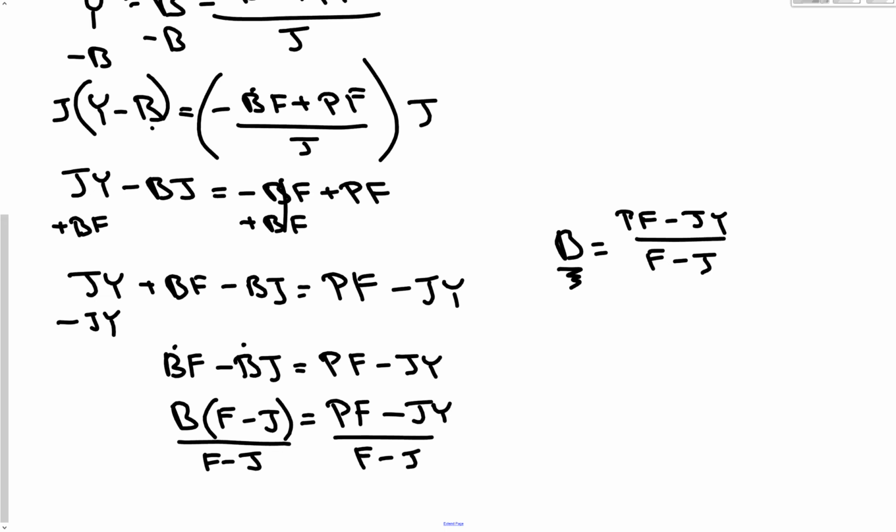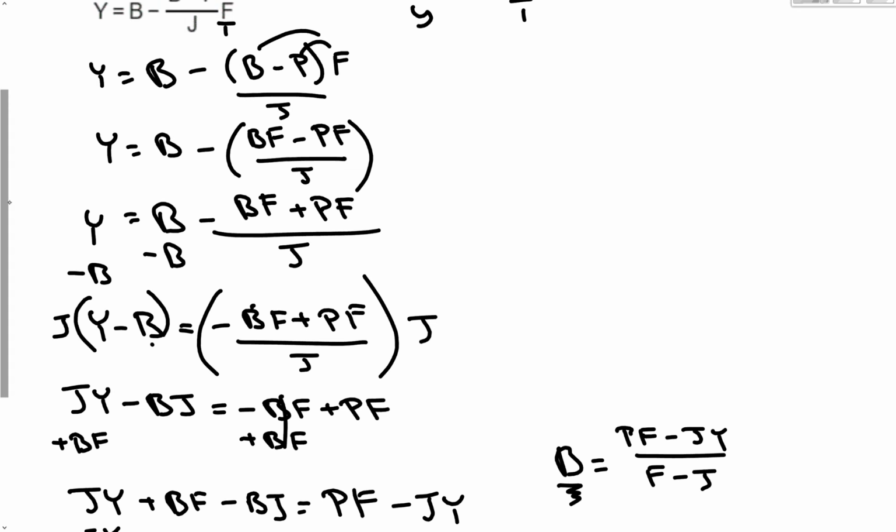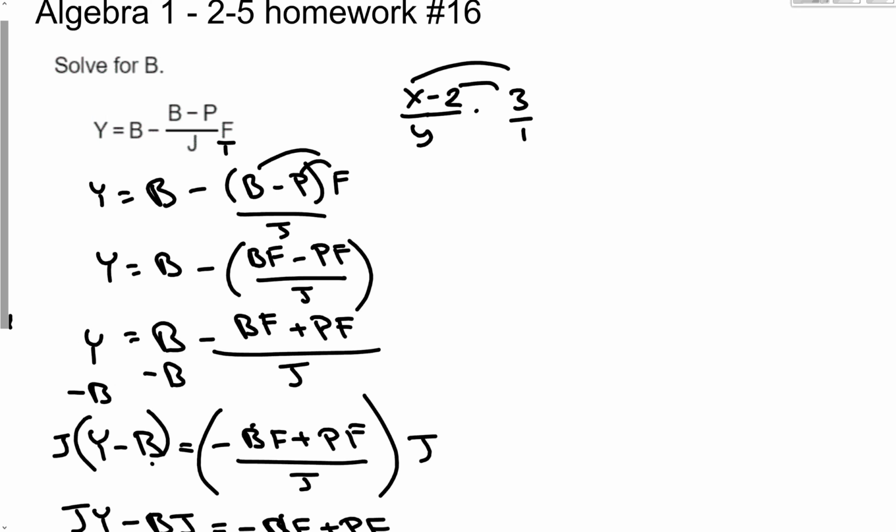Okay? So, to recap, let me go all the way back up. We distribute, we get this expression, distribute the negative, okay? This one's going to turn into a positive because negative times a negative turns into a positive.